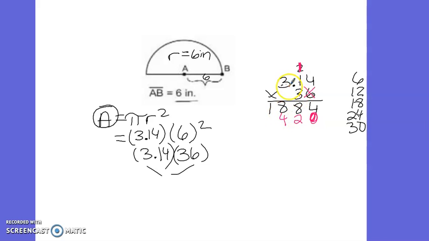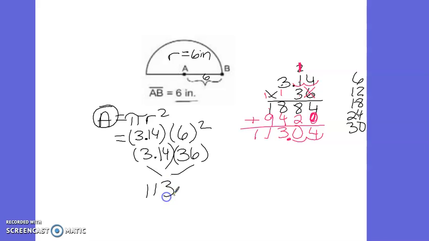Don't carry anything. 3 times 3, 9. Now we're going to add: 4, 10, 13, 9 plus 1, 10 plus 1, 11. Do not forget to move the decimal. 113.04. Remember, that is the area of the whole entire circle.